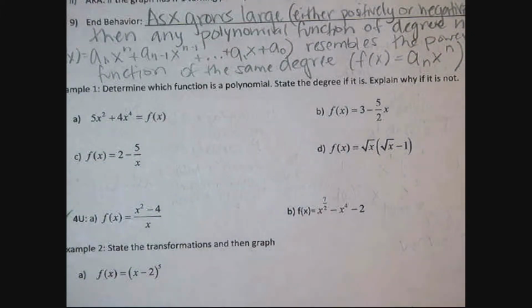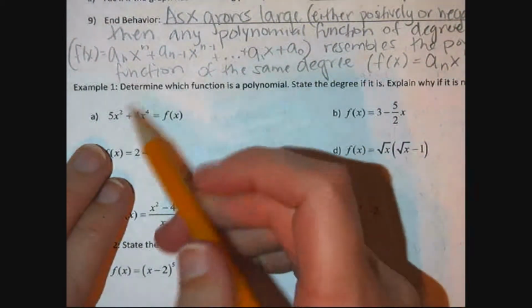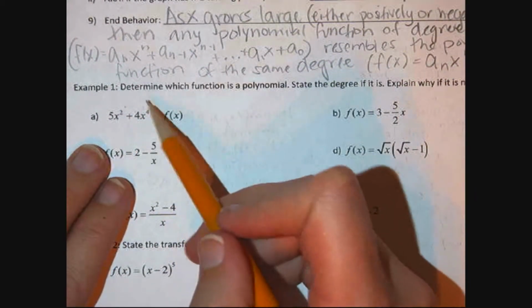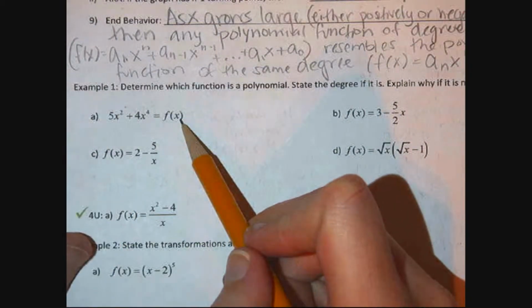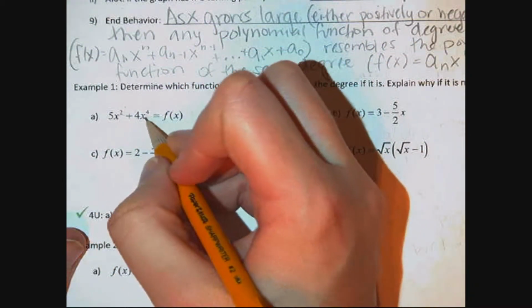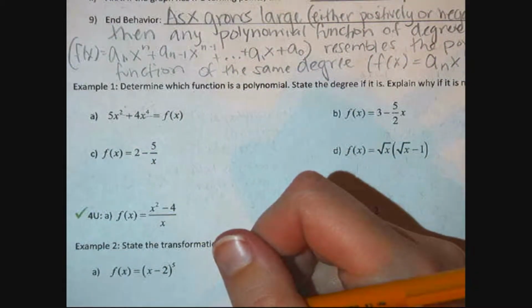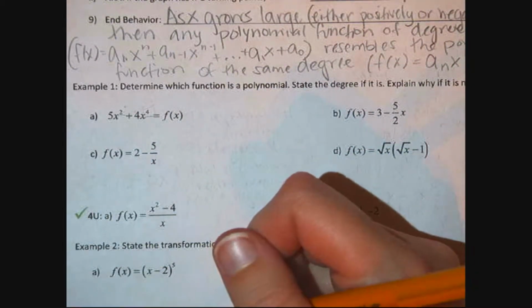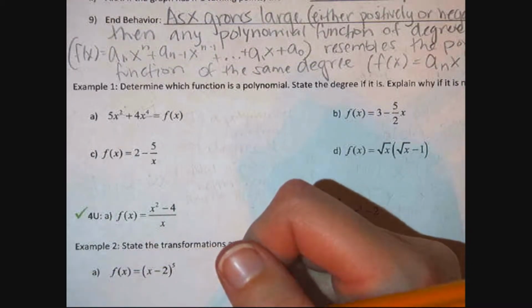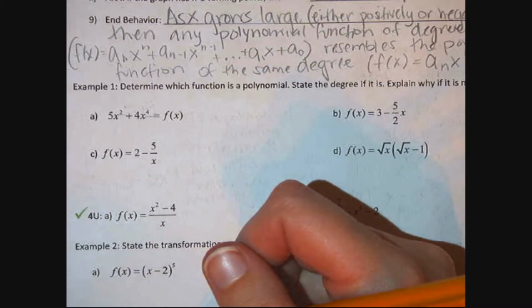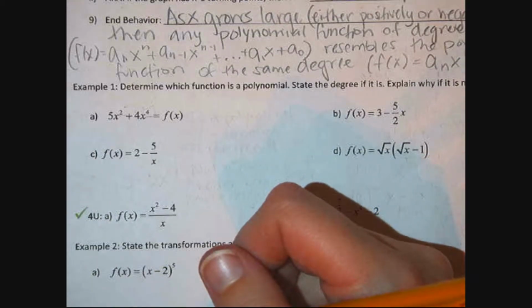So let's look at example number 1. We have f of x equals 5x squared plus 4x to the 4th power. Let's start with our exponents here. We have exponents of 2 and 4. Both fit our criteria of being non-negative, and they also fit our criteria of being whole numbers.